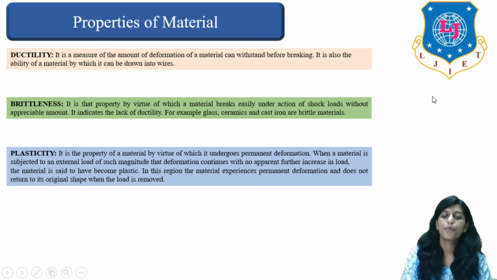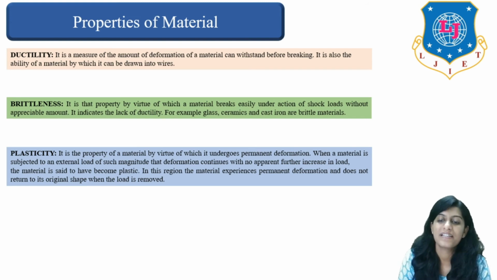Now coming to properties of material. First property is ductility. Ductility is basically a measure of the amount of deformation any material can withstand before breaking, right? How much deformation a material can withstand before it reaches the breaking point is termed ductility.